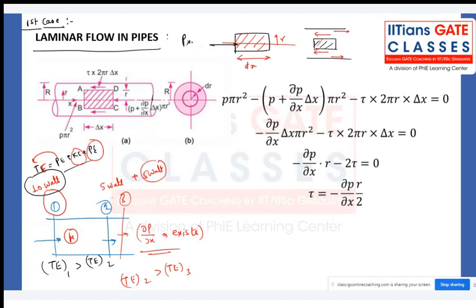P into pi r square. And what is my pressure variation on the other side? P plus dou p by dou x into dx, into pi r square. Capital R is the radius of the pipe. Small r is nothing but the radius of the elemental area which I have considered. This elemental area.